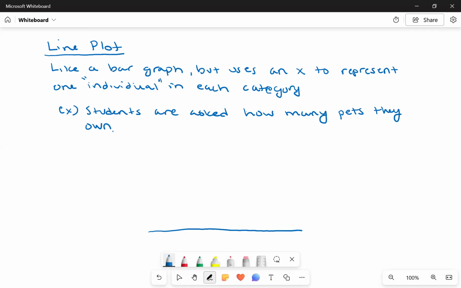Okay, so here, let me go ahead and give you what the picture is going to look like. So we have 0, 1, 2, 3, 4, and 5. That was the data in this one.